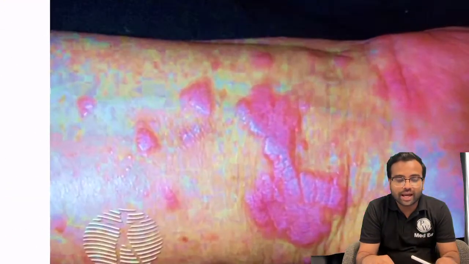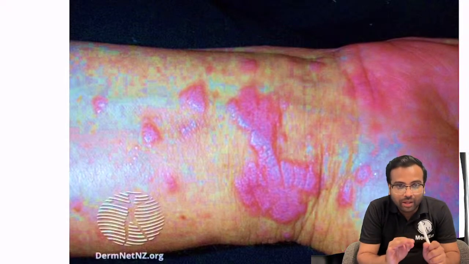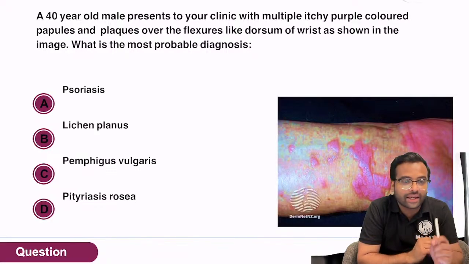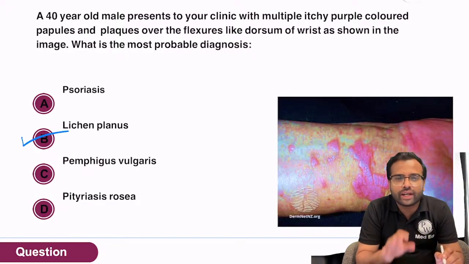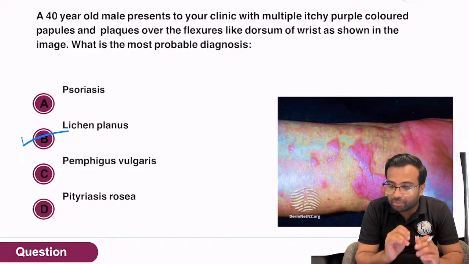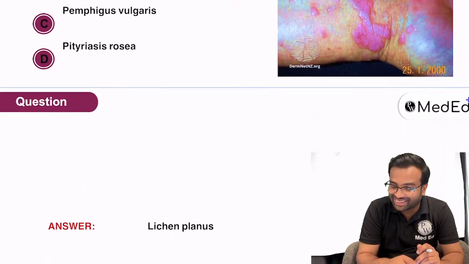You can see purple colored, pruritic papules and plaques, seen in lichen planus. A very typical image of lichen planus. So please don't make a mistake here. Plain, purple, planar. That is lichen planus. Okay, nice.